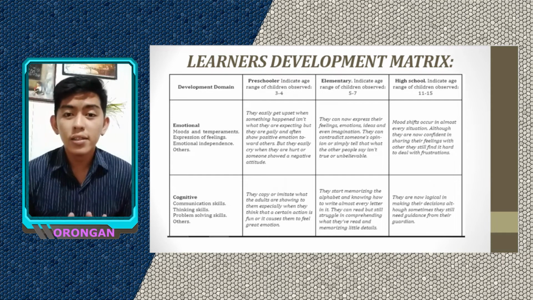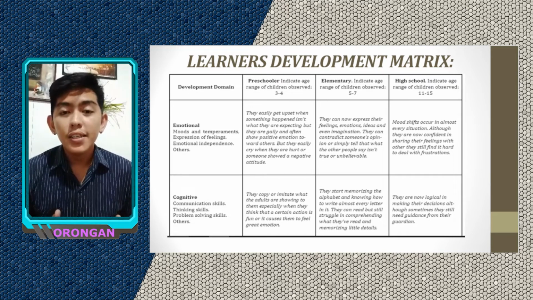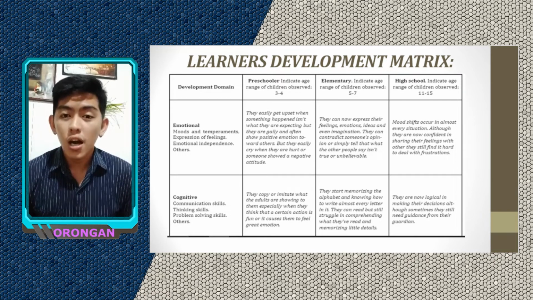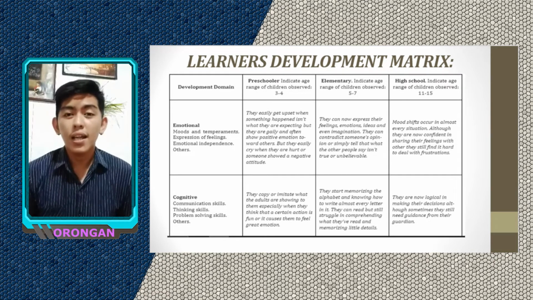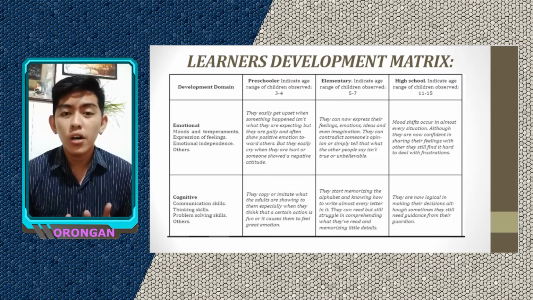Next is elementary under the emotional. So elementary, they can now express their feelings, emotions, ideas, and even imagination. They can contradict someone's opinion or simply tell that what the other people say isn't true or unbelievable.